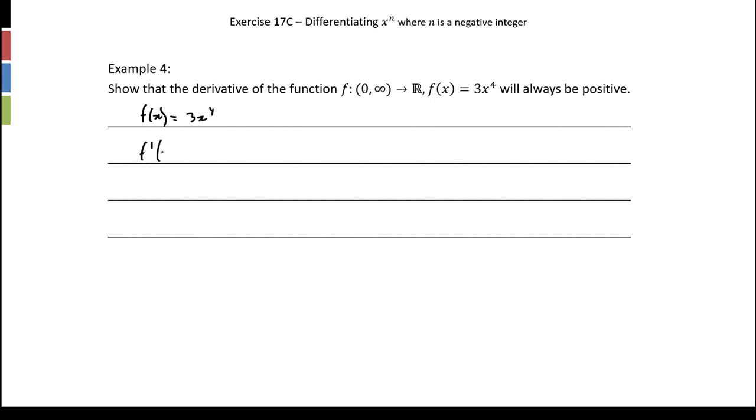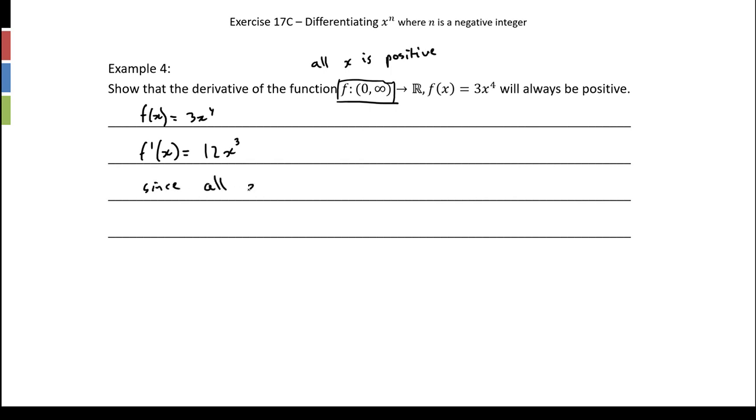So f dash of x will be equal to 12x cubed. So multiply by the power, take 1 from the power. And then here, this is the key: all x is positive in this situation.